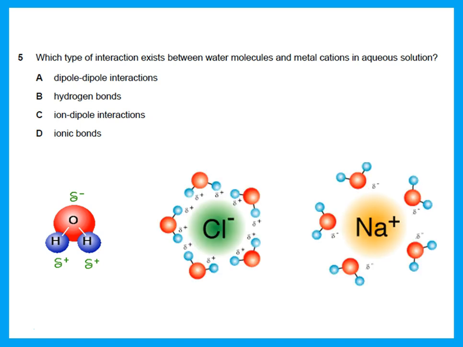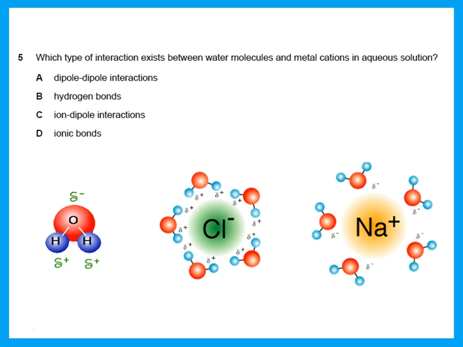But here he's talking about positive and negative ions. So if I'm trying to dissolve something like sodium chloride, why does it dissolve in water? Some things dissolve in water because they can form hydrogen bonds. So if we say why ethanol, for example, dissolves in water, it is because it can form hydrogen bonds with water. But the positive and negative ions of an ionic compound can dissolve in water because the water molecules surround the ions.